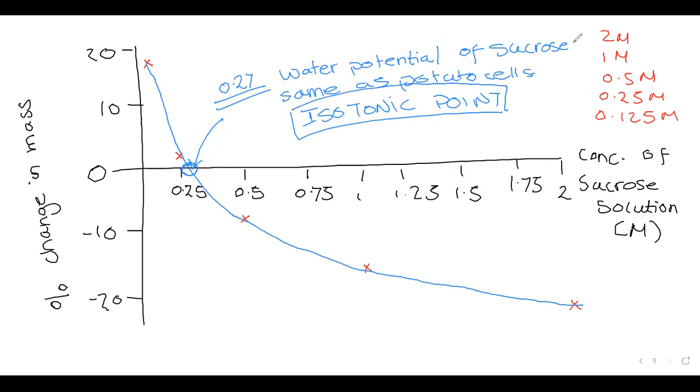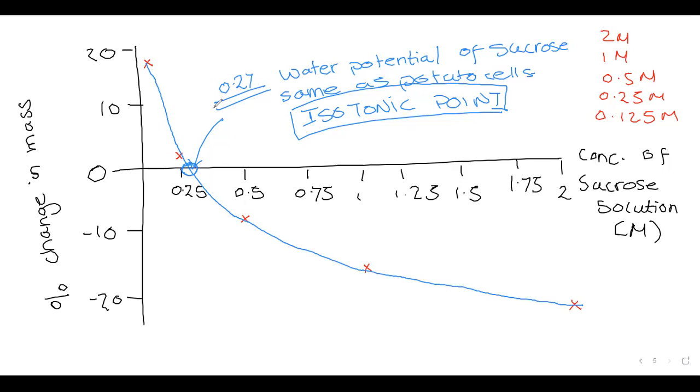You can regularly get asked to show an isotonic point. So you can be given a set of data, asked to draw your own graph, draw your calibration curve, and then find the isotonic point. So potato chips will gain water and therefore mass in solutions with a higher water potential than the chips, and they will lose water in solutions with a lower water potential than the chips.